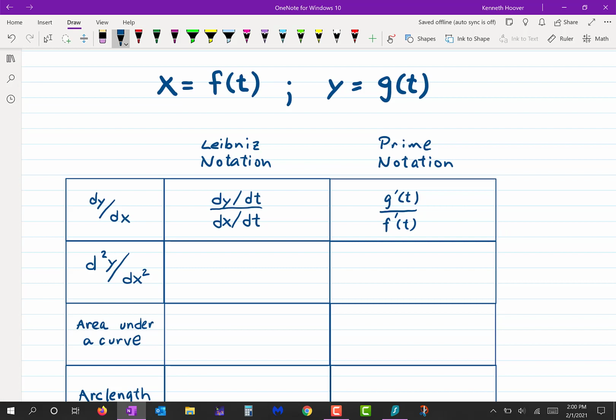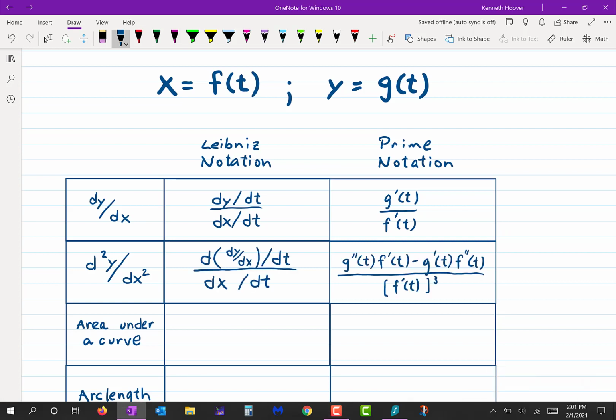Now the second derivative of y with respect to x, in Leibniz notation, is the derivative of the previous derivative with respect to t divided by dx/dt. Or in prime notation, g double prime times f prime minus g prime times f double prime, divided by f prime cubed.